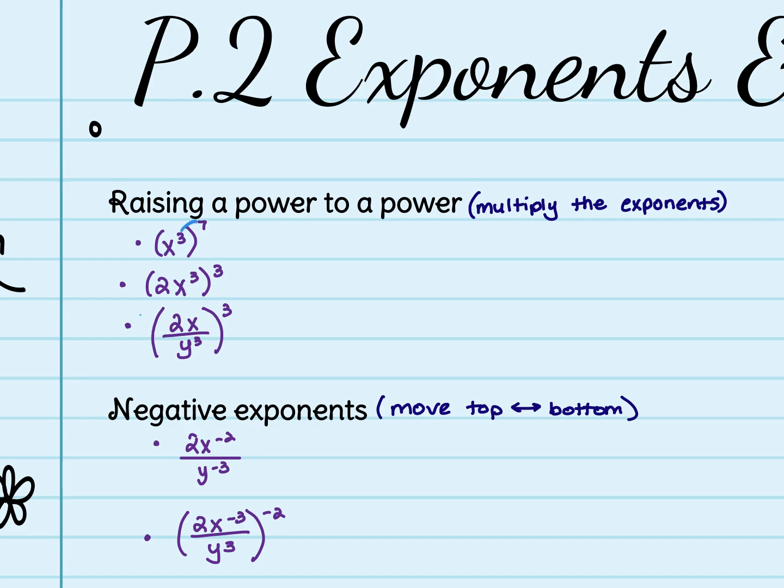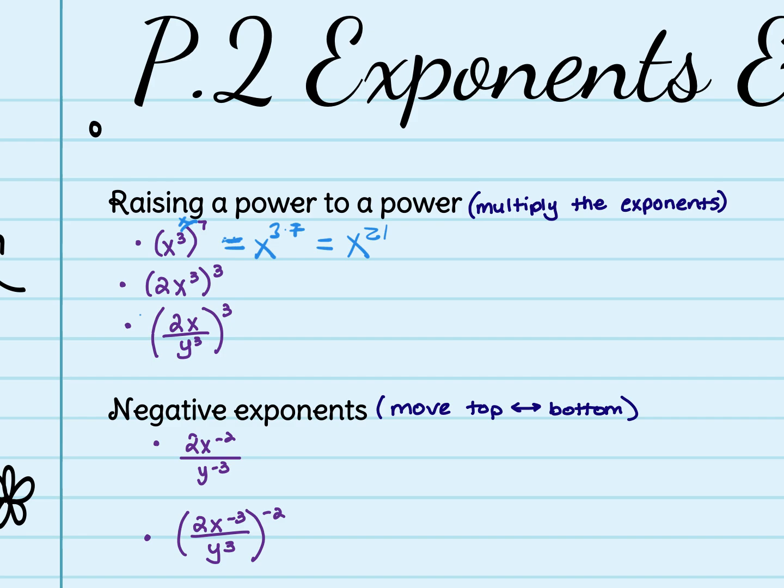Power to a power, you want to multiply. So this becomes x to the 3 times 7. Oh, again, looks like my pencil's glitching a bit. All right, so this becomes x to the 21st. All right, simple as that.